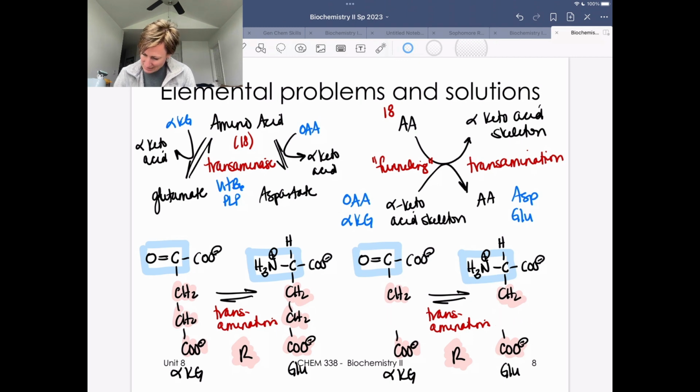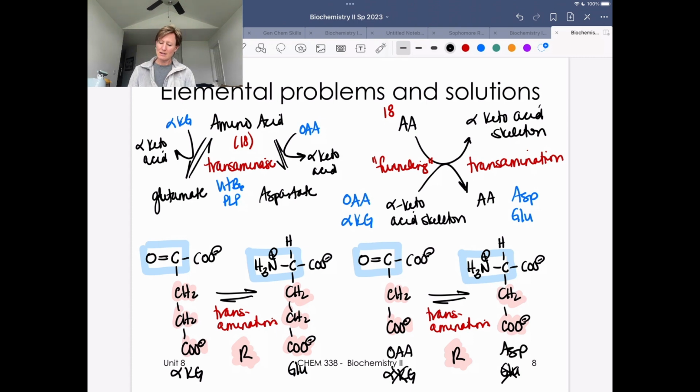So I'm going to delete that methylene group. Now I have made not alpha-ketoglutarate, okay? This is oxaloacetate. And not glutamate, I've made aspartic acid, okay?